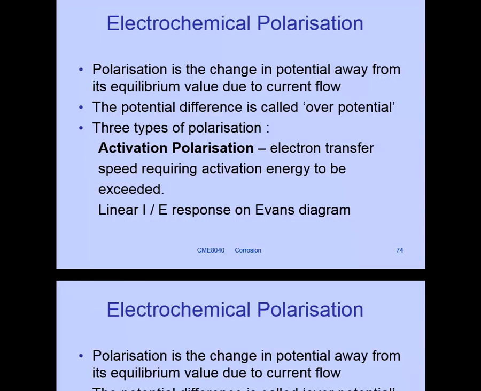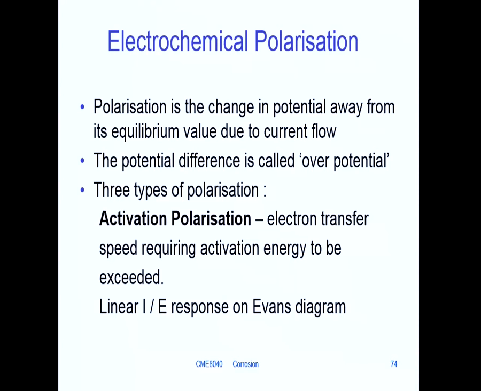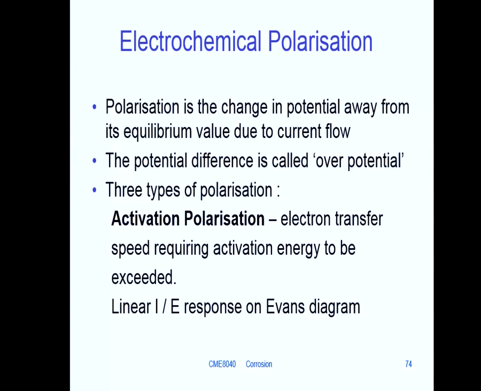And the first thing is activation polarization, so this is what we mentioned last time. And that's related to exceeding the energy required for the electron exchange at the interface. So remember, all these processes are surface processes between the solution and the solid steel.